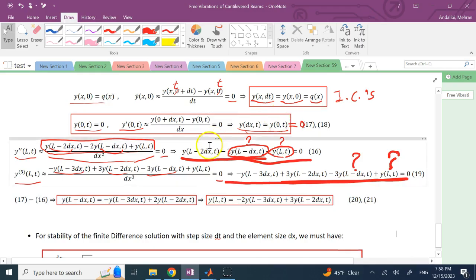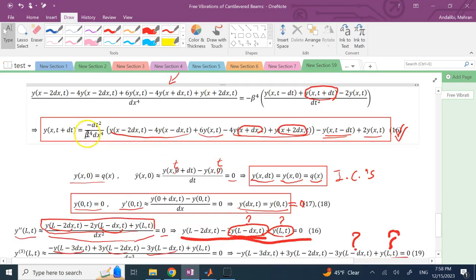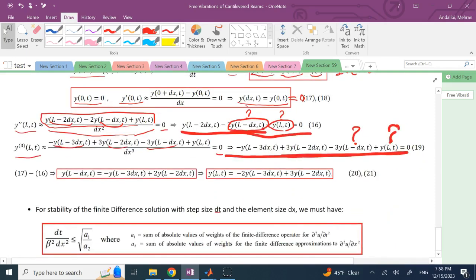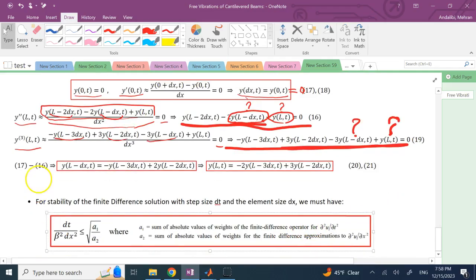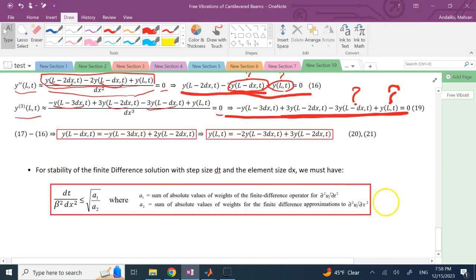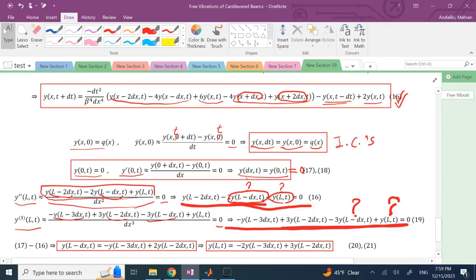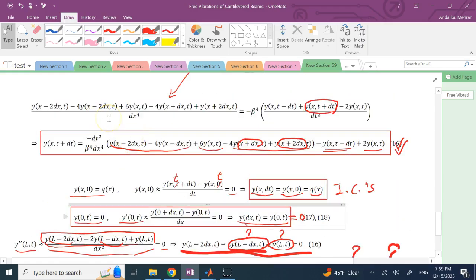And finally, the question is, can I pick the value of dt and dx any way I want? No. For stability, we need some stability criterion, and this is just like the previous video. We use the same condition that we used last time. In this case, the thing that needs to be less than square root of a1 over a2 is the square of this term that is in the update equation.